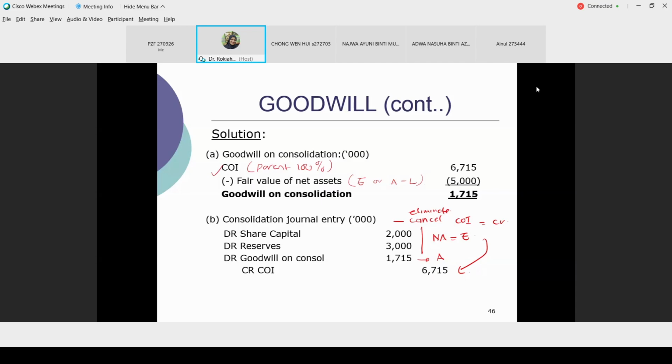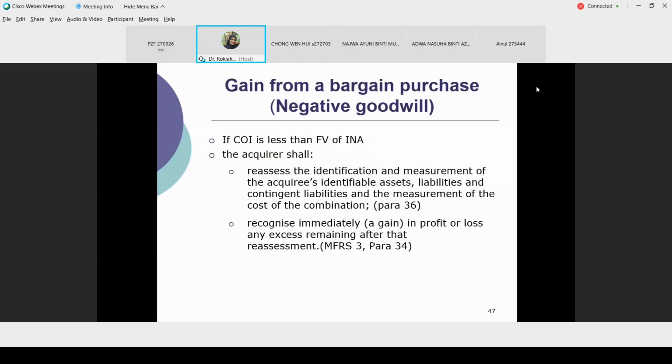So we proceed with the goodwill. The second one is to eliminate the COI and recognize the goodwill. Here we have two situations: either we have a goodwill or we have a bargain purchase.